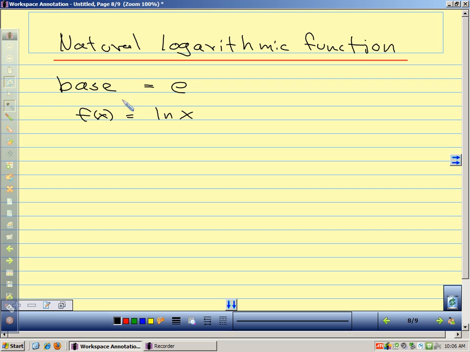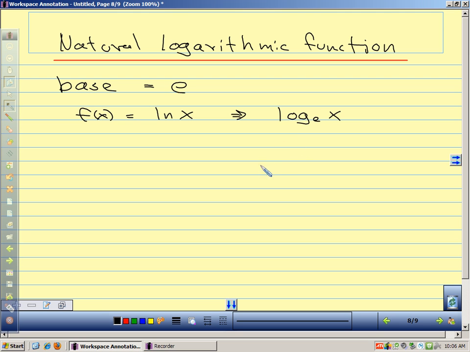We're just using base e. You can think about the natural log as log to the base e of x. It just comes up so often we give it a special symbol. Instead of calling it log base e, we call it natural log.